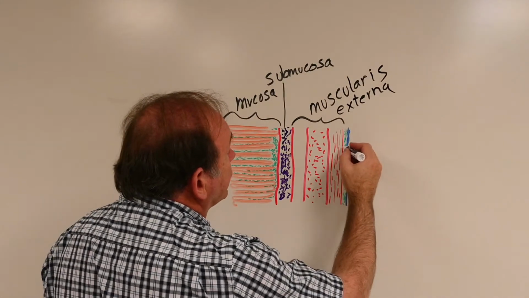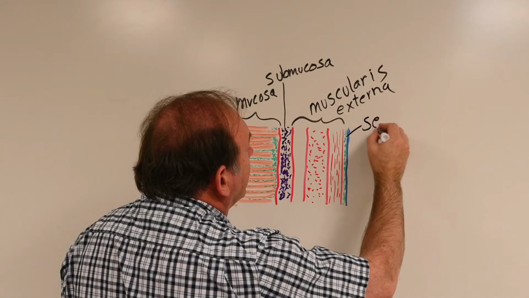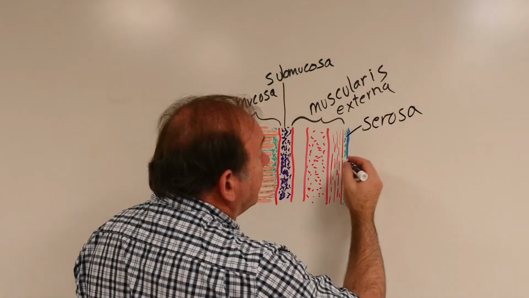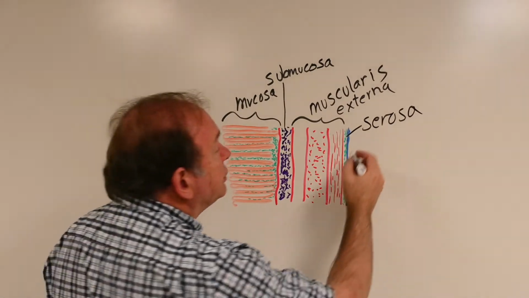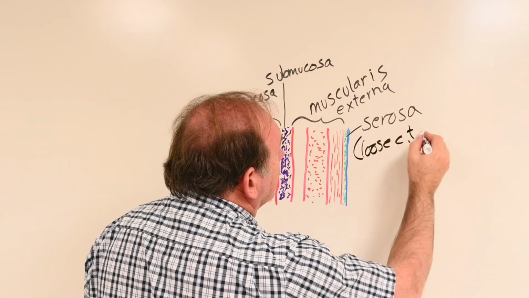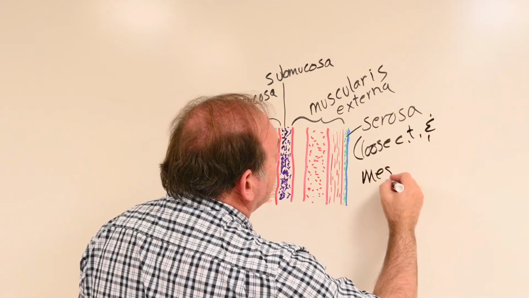And then we have our serosal membrane. And the serosa consists of a thin layer of loose connective tissue, and mesothelium.